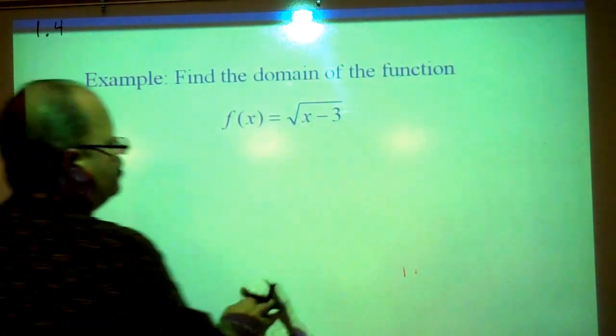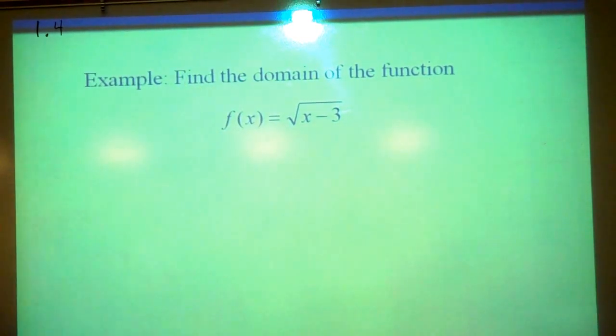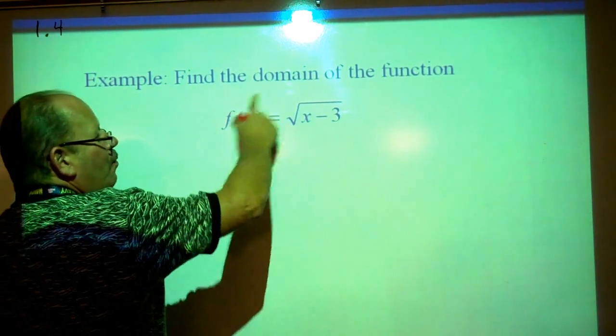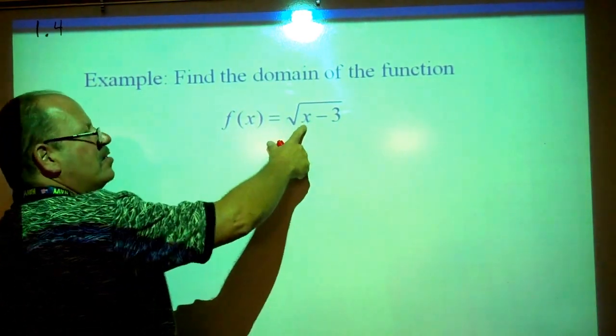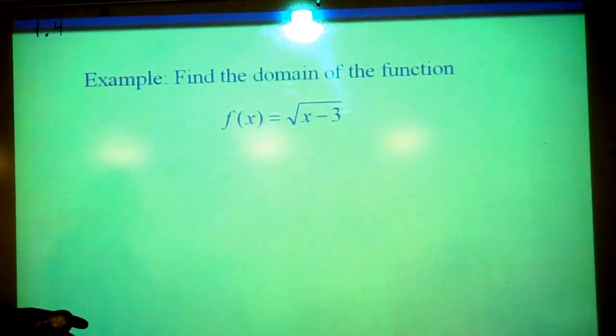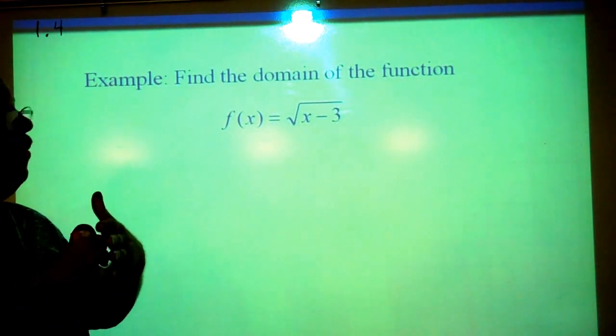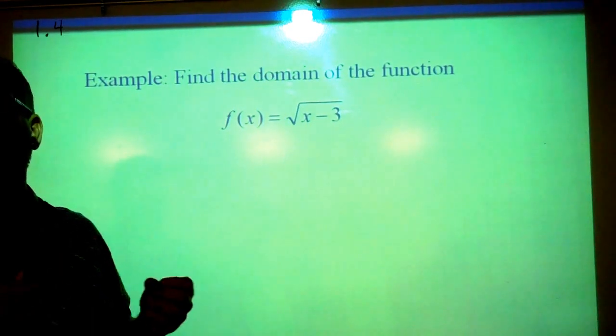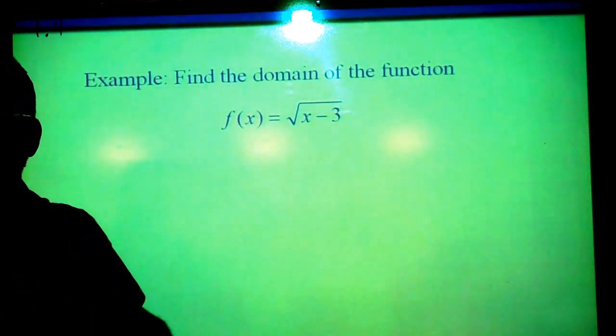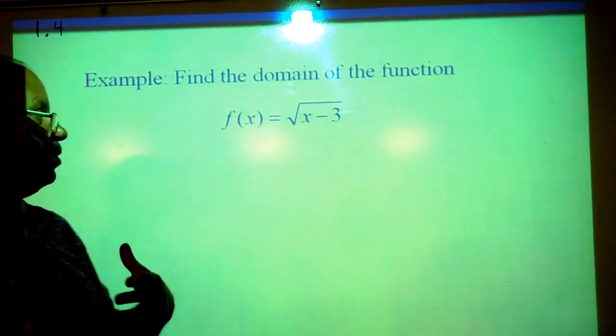Great. So now if we look at this one and we're trying to find the domain, we have to think logically, what values of x don't make sense? The domain is going to be all the x's that work, but very often it's easier to name that by the x's that don't work.